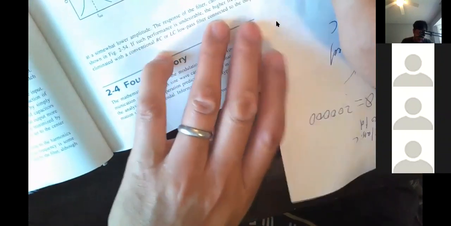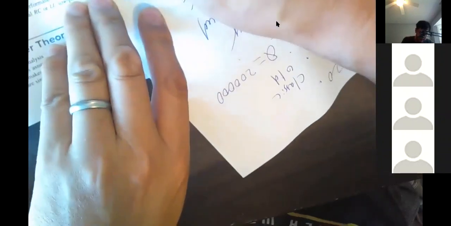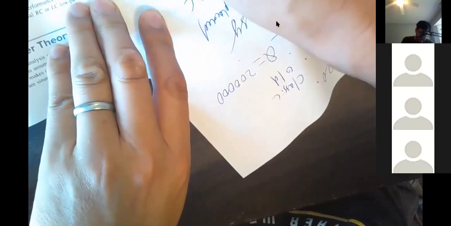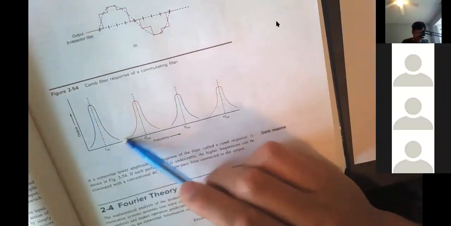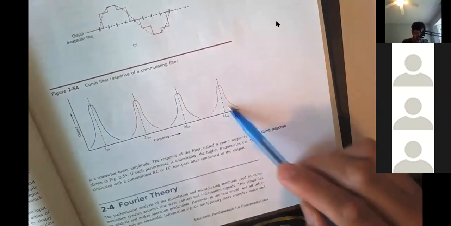Filter number 1, we call a comb filter. What is a comb filter? This is what a comb filter is. It is repeatedly selective.